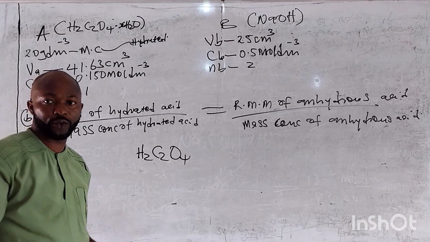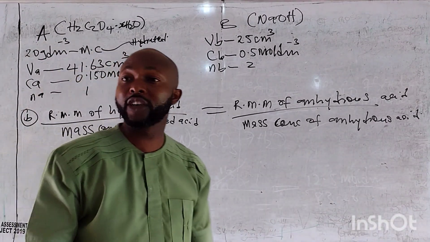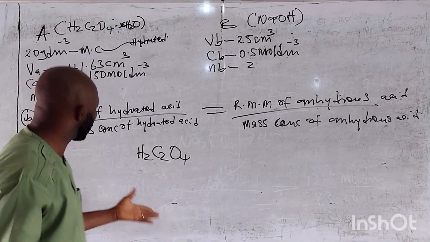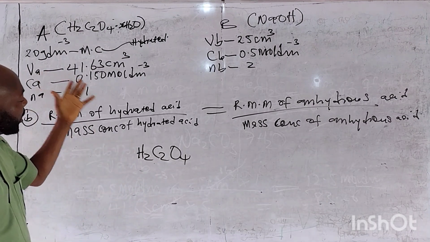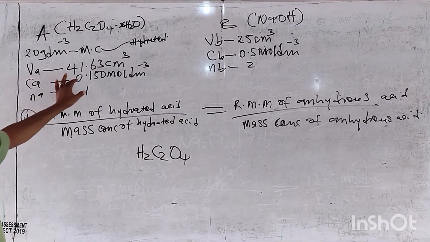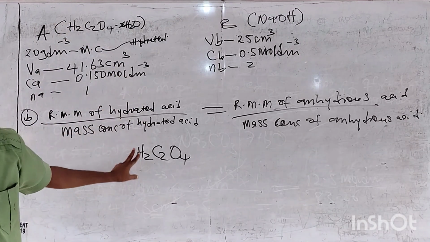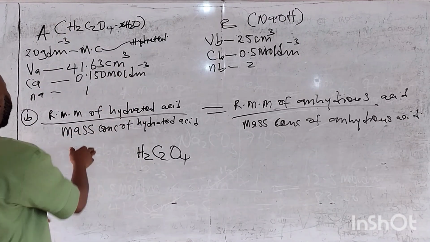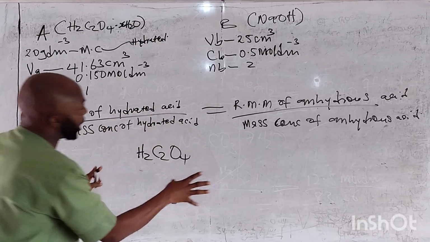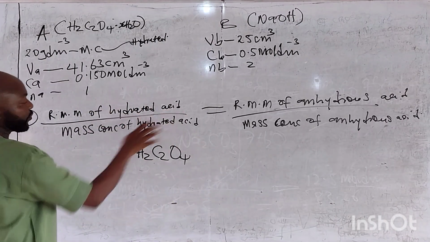So now I want to find out the mass concentration of the anhydrous acid. Now we have mass concentration equals molar concentration times relative molecular mass. We know our molar concentration, so let's proceed by getting that. So I have to get the mass concentration, then substitute it into the formula.